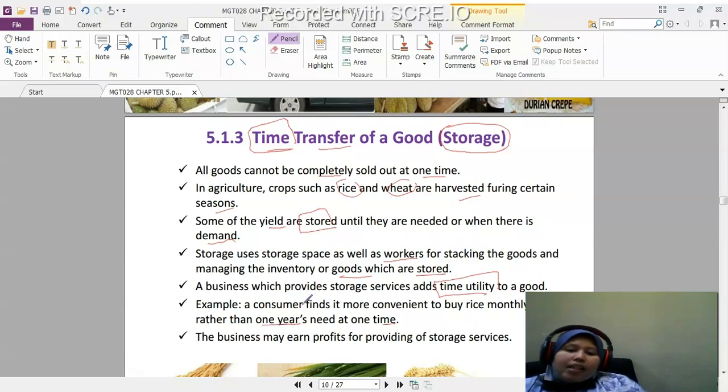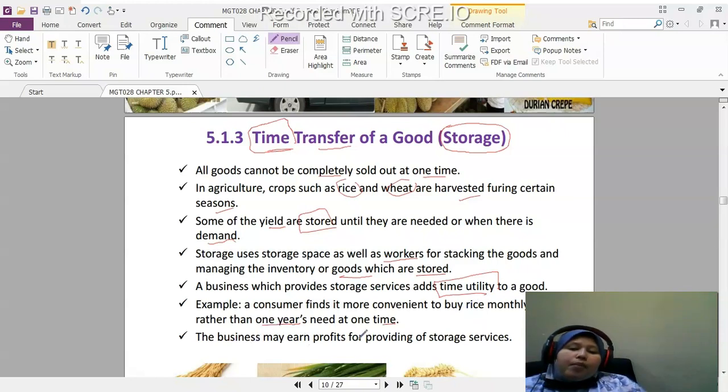So takkan kita nak beli beras setahun sekali, okay? Kita tak akan simpan beras lama, okay? Lama-lama nanti dia akan rosak. So kita akan beli sebulan, nanti habiskan, okay? Kita tak adalah dekat rumah, for example, tak adalah ayah kamu beli terus 100 kg beras kan untuk simpan setahun. Okay, kita biasanya akan beli sebulan, bulan-bulan.